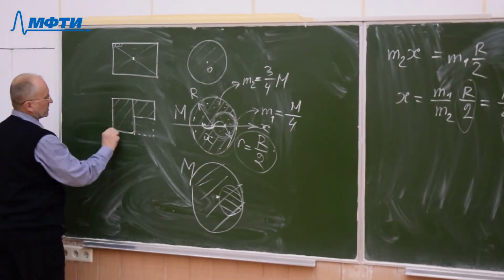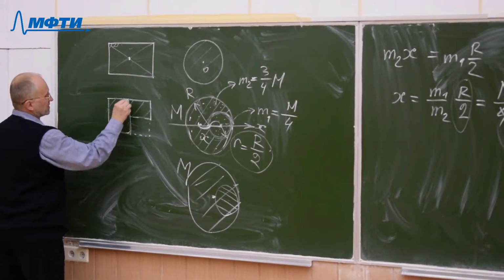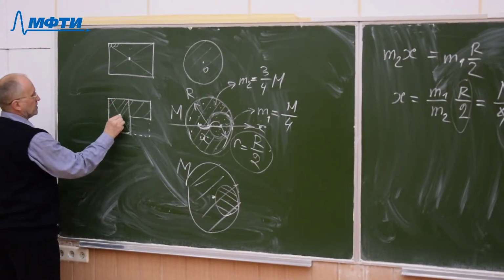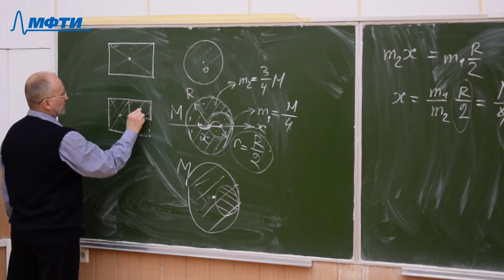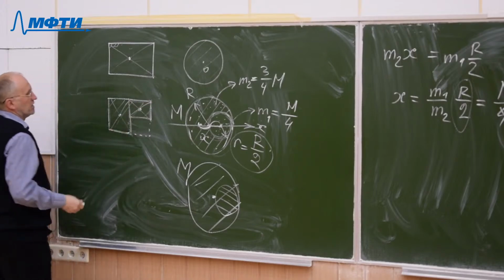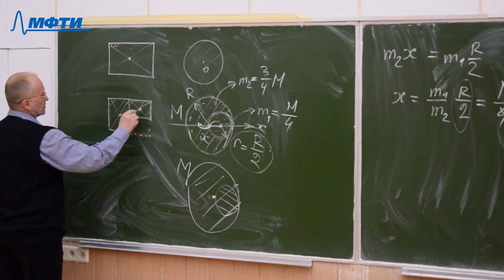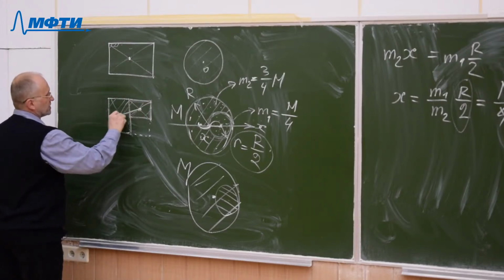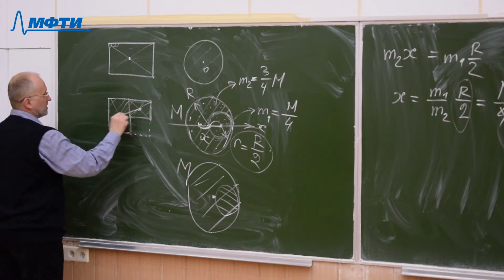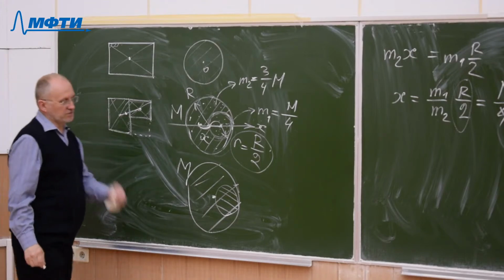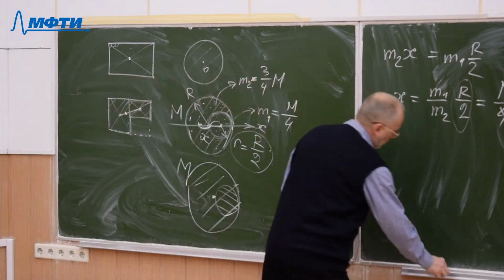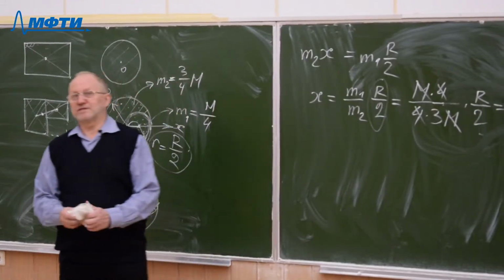One rectangular figure has the center of mass in the center, in the intersection of its diagonals, and another rectangular figure has its center of mass here. And so the center of mass of this figure must belong to this section and must be located somewhere here. So calculating is not a complicated problem, but you must just understand what the center of mass is.